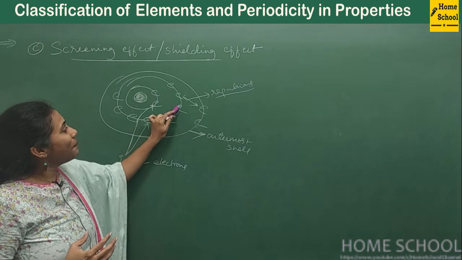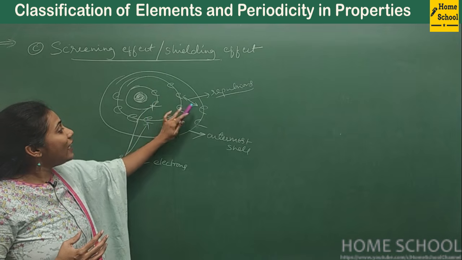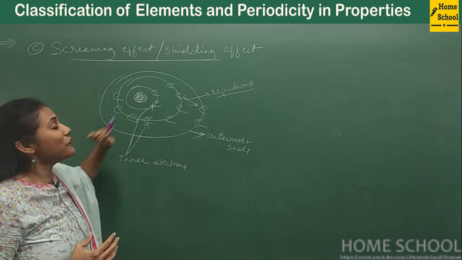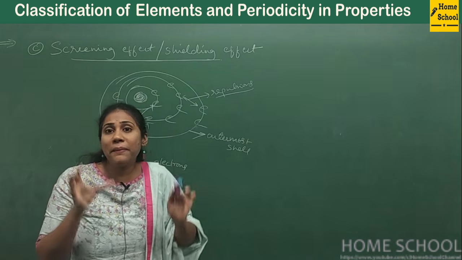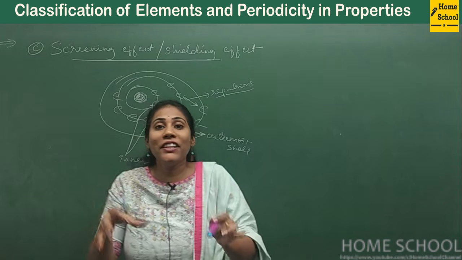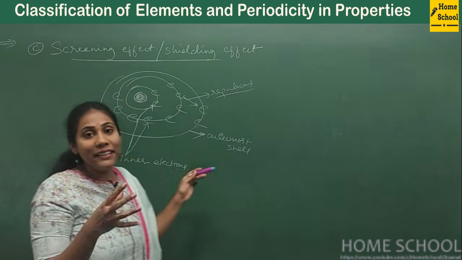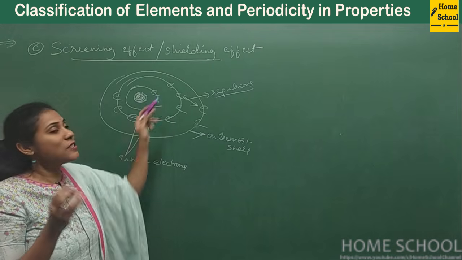So these inner small brothers and sisters are not allowing outermost electrons to get attraction from nucleus. They are acting as a barrier. So here your siblings are always barriers between you and your parents. Because your parent, since they are very small, your parent concentrates only on smaller ones.